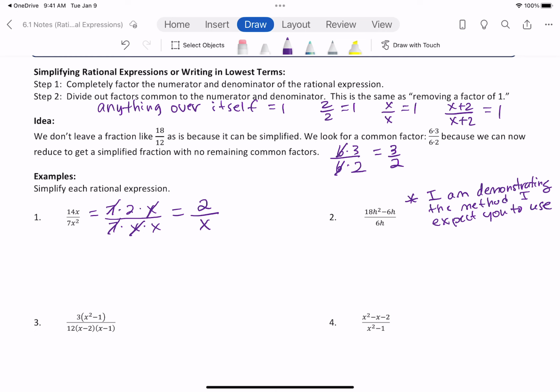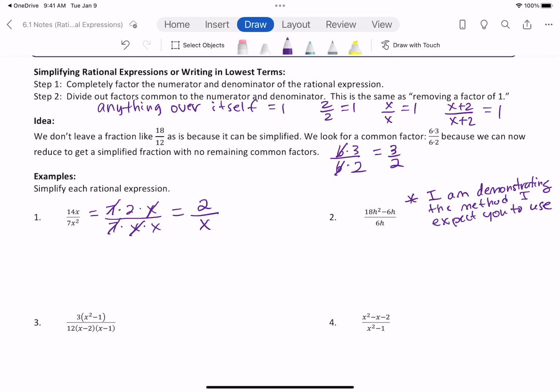This is what I will be looking for in the assignment and on the test in order to give credit, and there's good reason for that. This is the way that we're going to be able to use this in later situations, and it is the way that leads to the fewest mistakes.